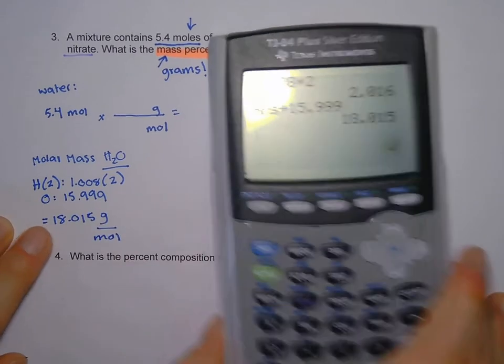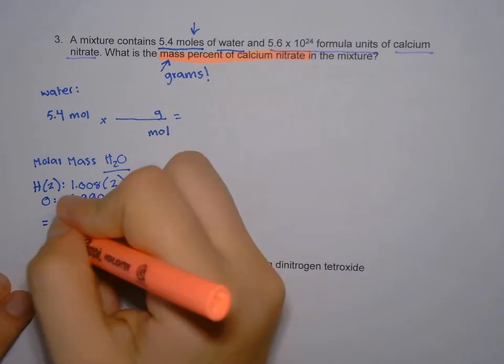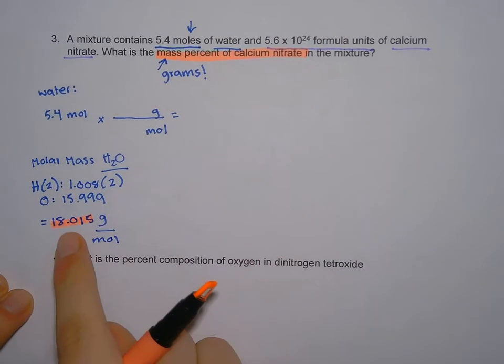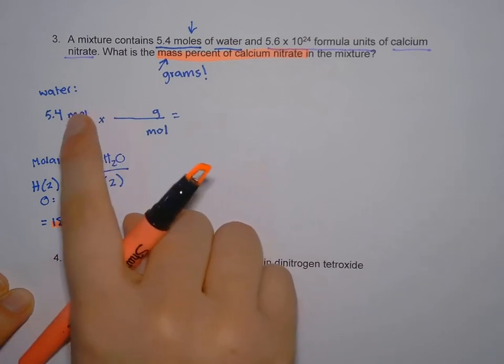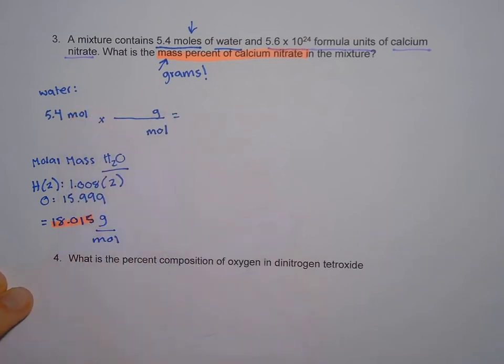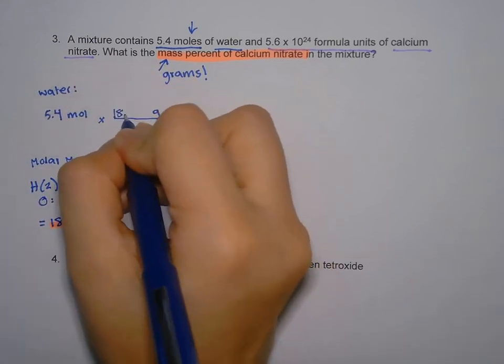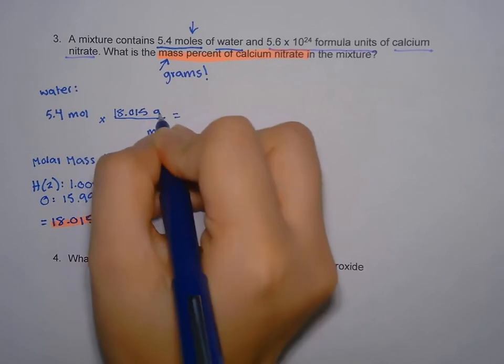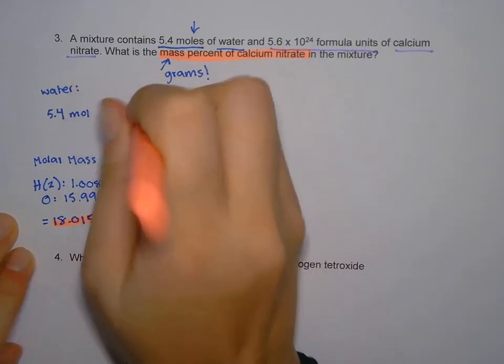So the molar mass of water is 18.015 grams per mole. And I can use this number so that I can go from moles to grams. So I am going to write there are 18.015 grams in 1 mole. So I used my molar mass of water here.